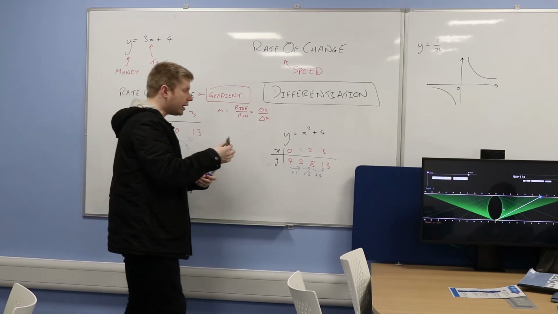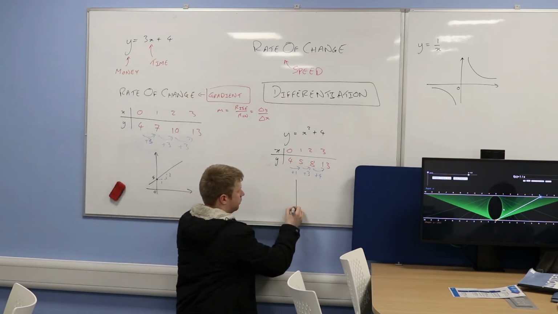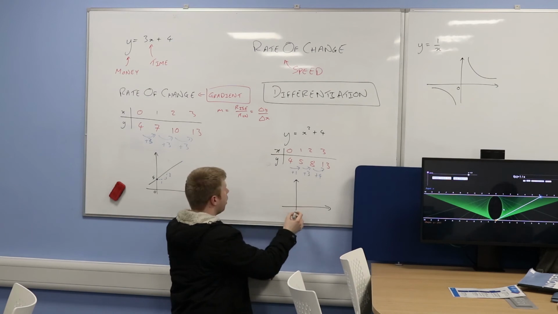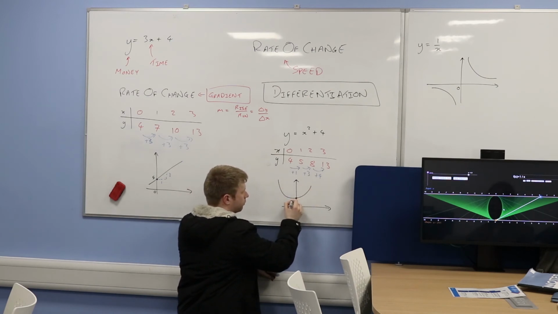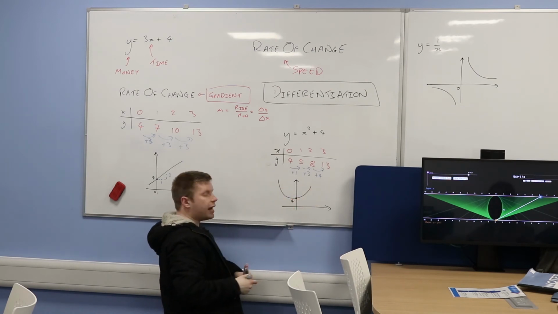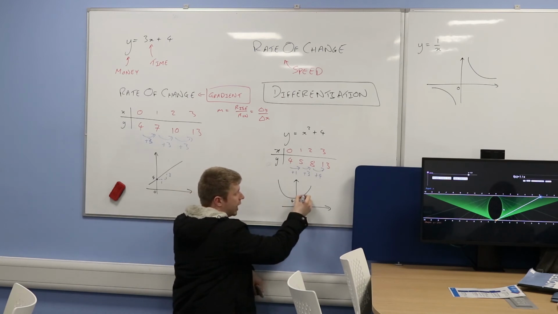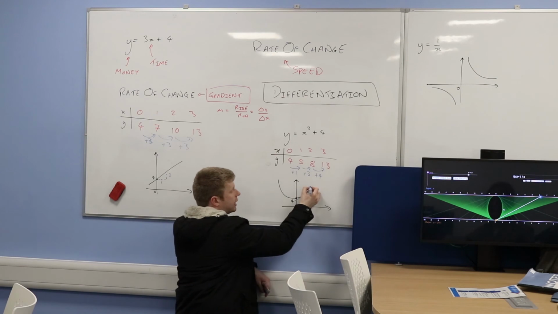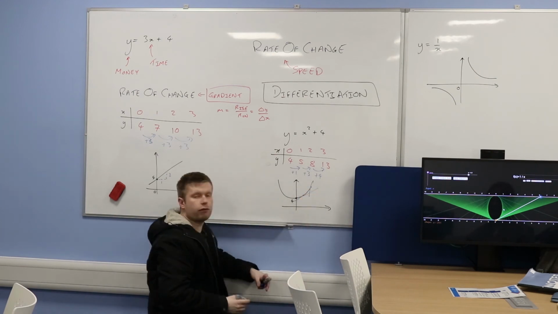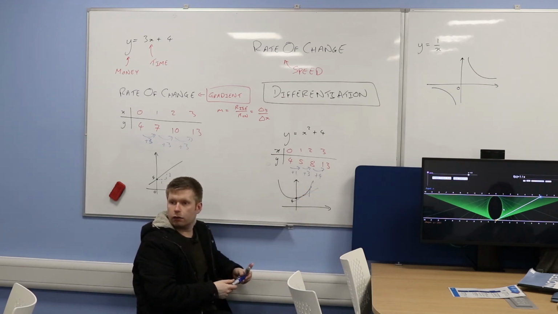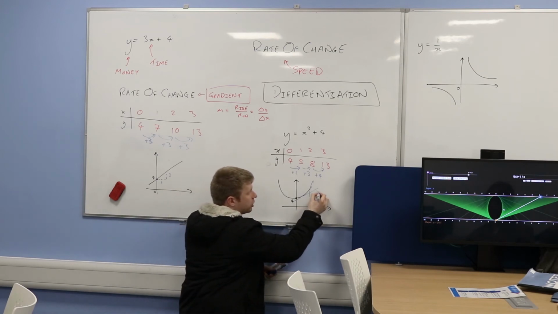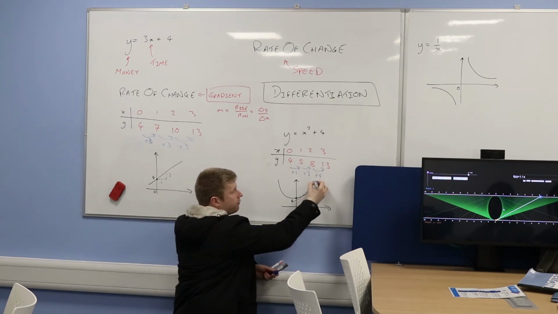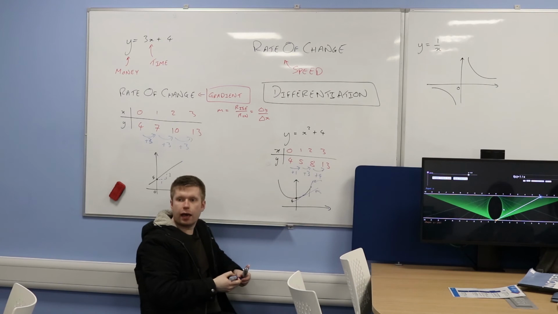Yeah? And in fact, you can illustrate that through the graph. If I illustrate that through the graph, I would get something that looks like this. That's 4. At any particular point, my rate of change, so for example, that point there, will be different at another point in time. For example, over there. Do you see that? Yeah? So the rate of change at that point in time there will be different to the rate of change at that point in time there.